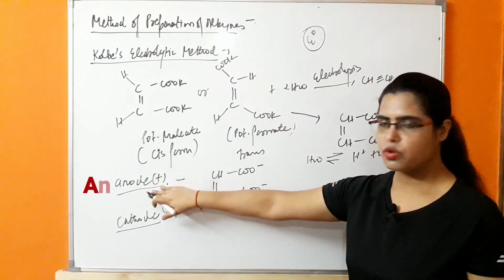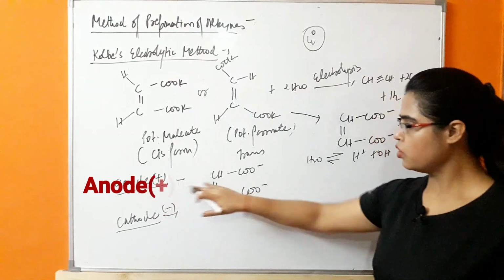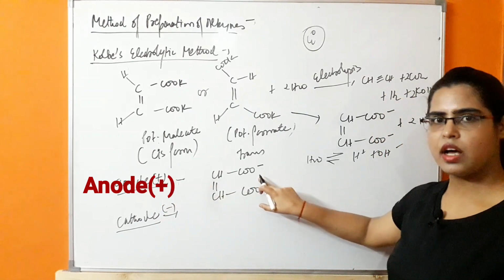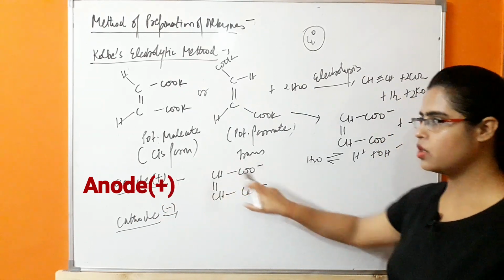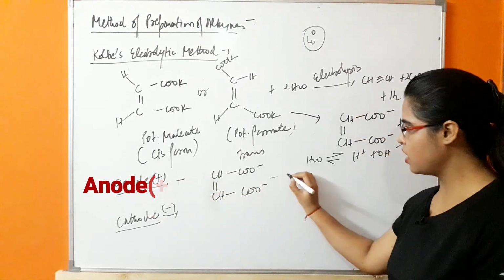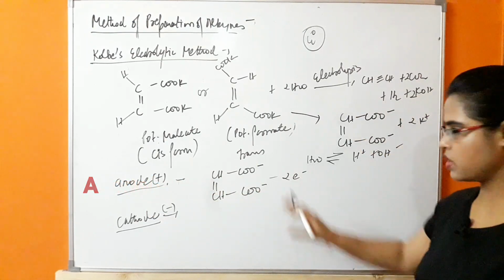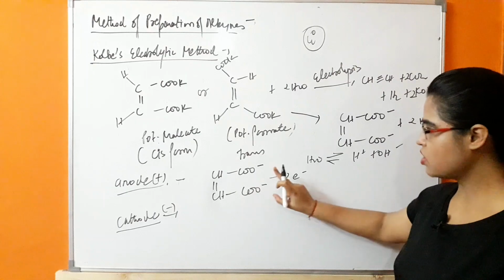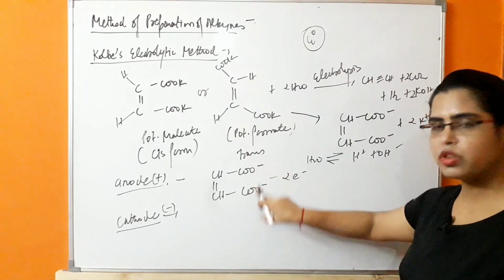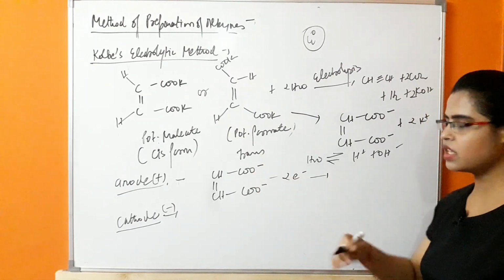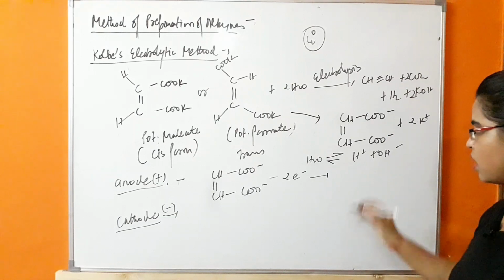Because the anode is positively charged, two electrons are donated by this anion towards the anode. Each electron will be removed from both the oxygens, due to which an odd electron system will be formed.